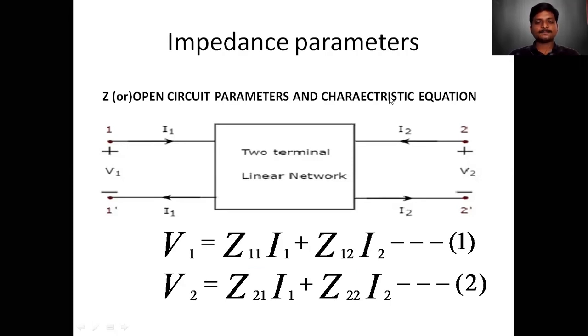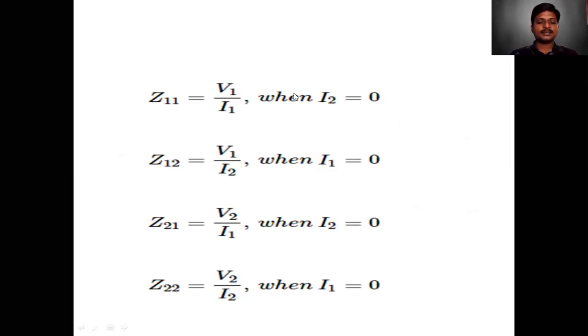Okay, now let us see what is an open circuit parameter. Why we are calling it an open circuit parameter: while we are calculating Z11 and Z21, we are going to open circuit the output port. So we will get two parameters Z11 and Z21 when the output port is open circuited.